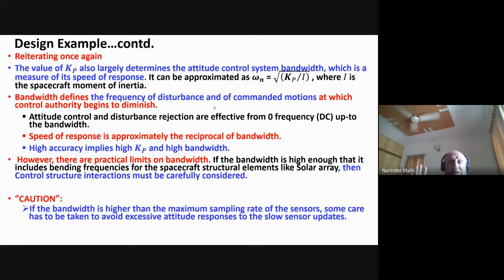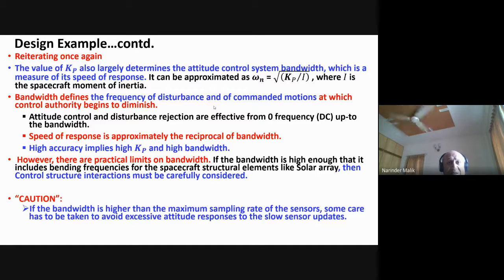Or if the disturbance torque is low frequency, you can control it, it will be okay. If the disturbance torque is very high frequency, then the control authority begins to diminish.